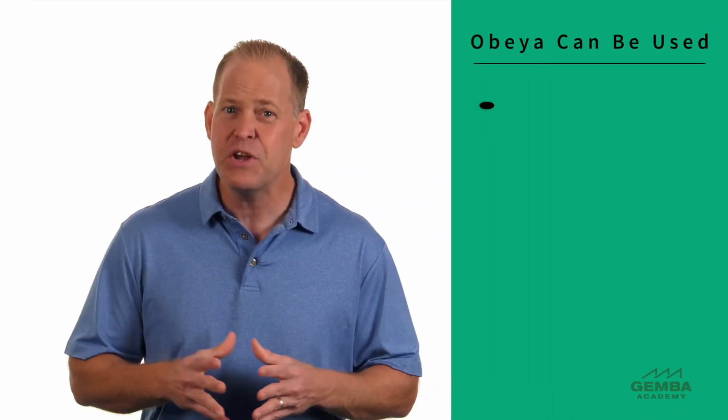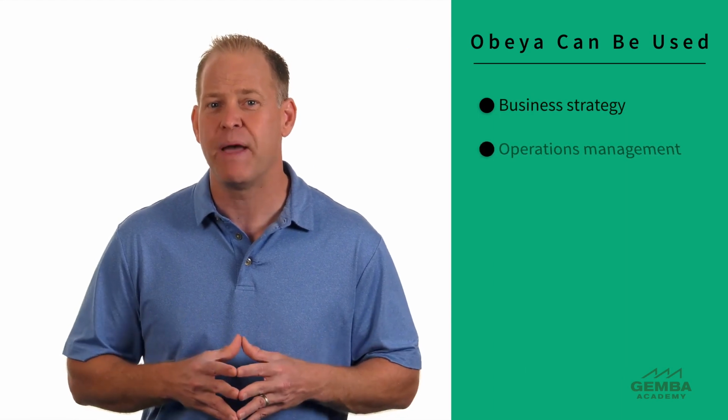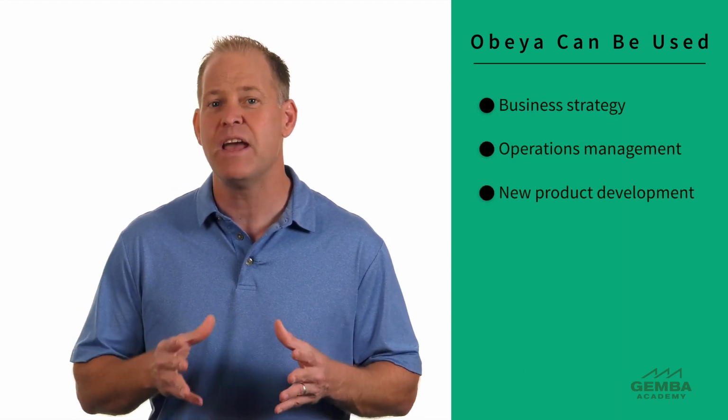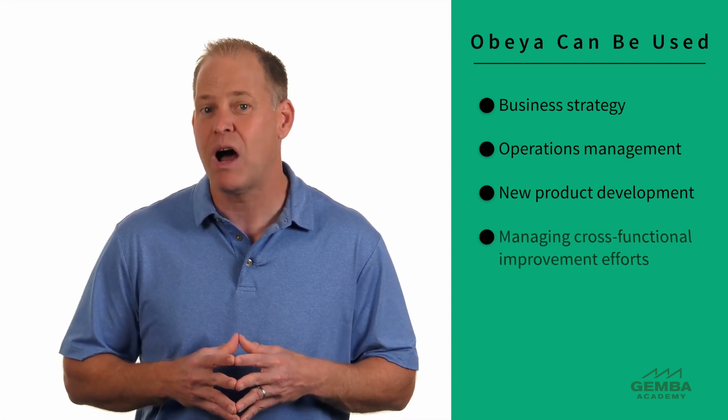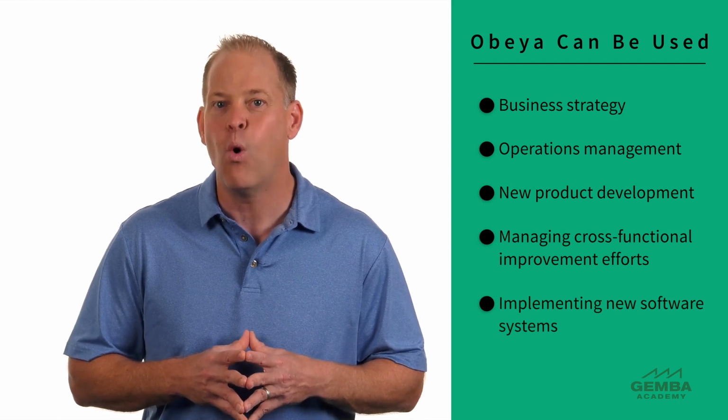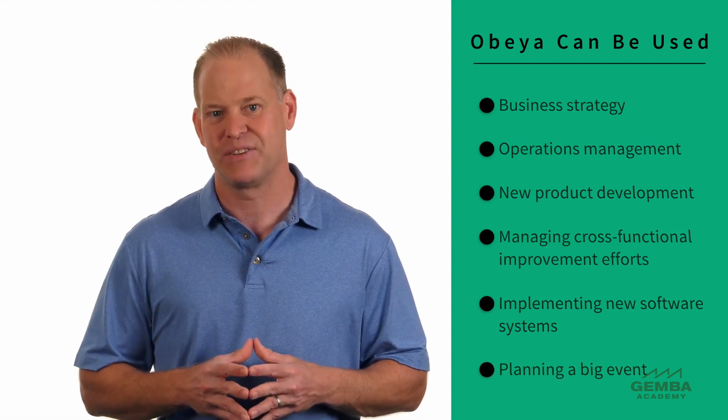However, this doesn't mean that the Obeya can only be used at the highest levels of an organization. In addition to business strategy, operations management, and new product development, Obeya can also be used for many other things, including managing cross-functional improvement efforts, implementing new software systems, or planning a big event.